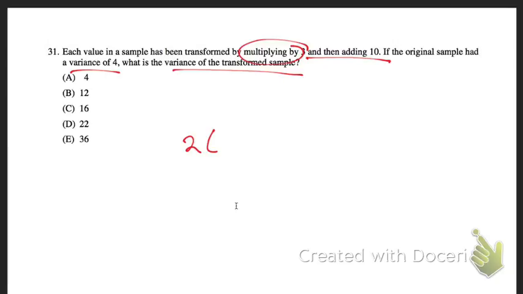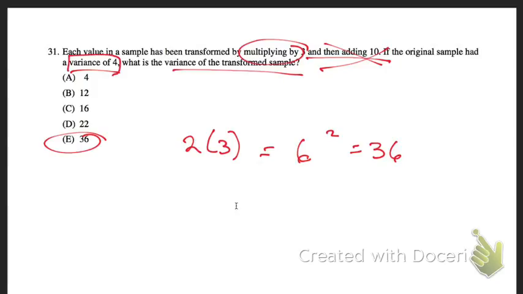So it'd be 2 times 3, which is 6. The adding 10 doesn't matter, because it doesn't change the spread. Then you square it to get 36.